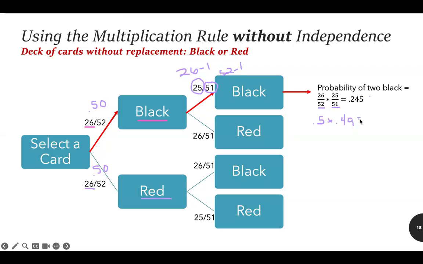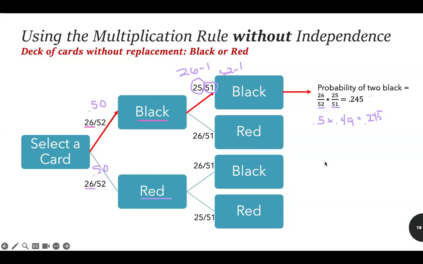And I get 0.245. So it's just slightly lower. If you look back at the previous example with the coins, the probability has changed a little bit. It's a little bit less likely that I'm going to get another black card because I've taken a black card out of the deck. I'm no longer looking at the same probability. That's what this idea is about, this rule without replacement.